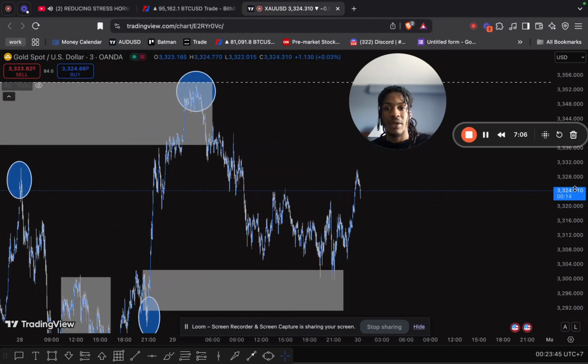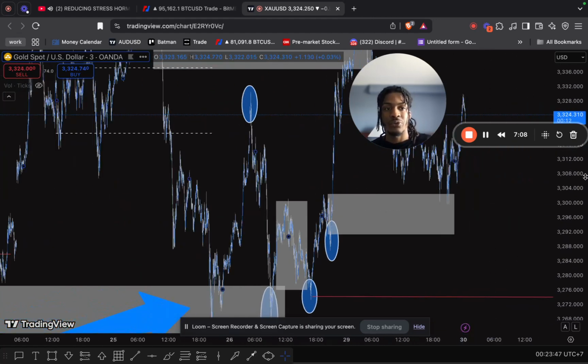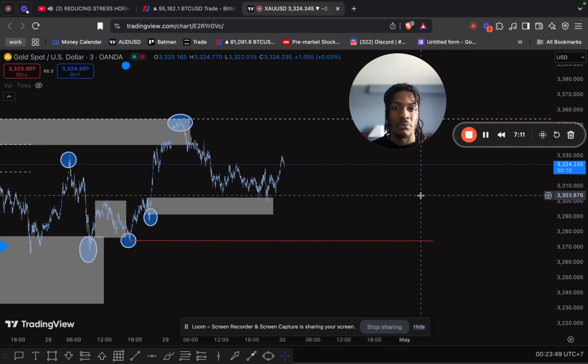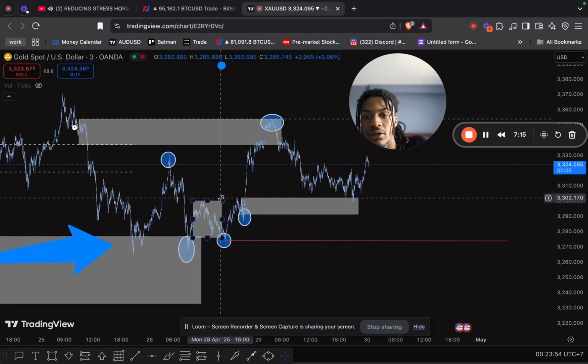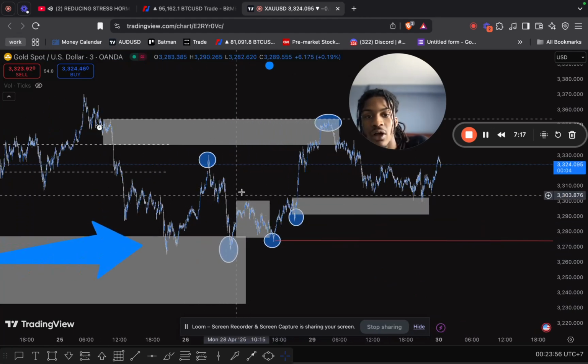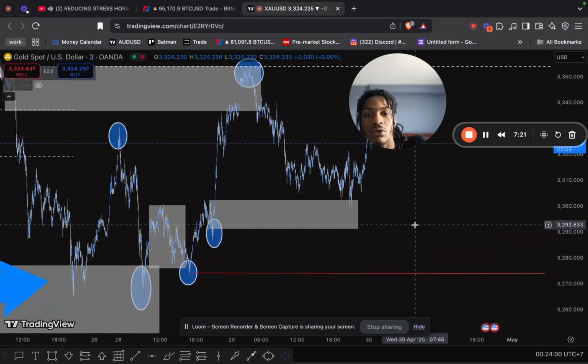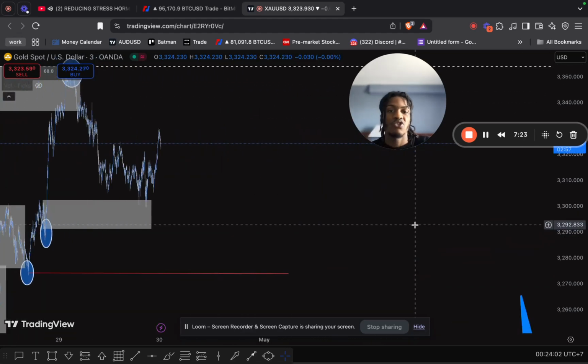So first step is identify your trend, right? Second step is identify your current high and low. So we identify our trend by zooming out from the price.